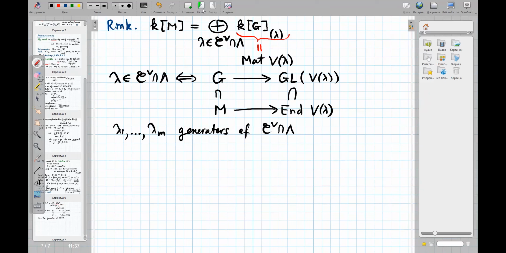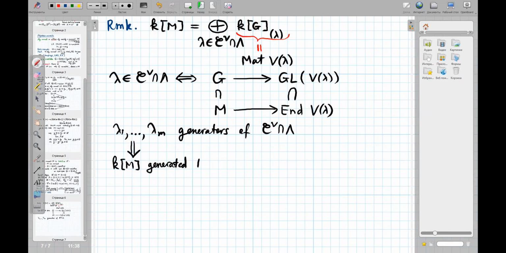Okay. Well, let's continue. So if we take a set of generators of the semigroup of lattice vectors in C check, then as we have discussed before, this implies that the coordinate algebra of M is generated by the respective spaces of matrix entries.